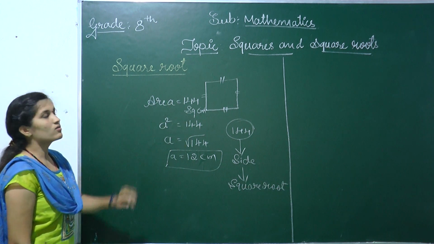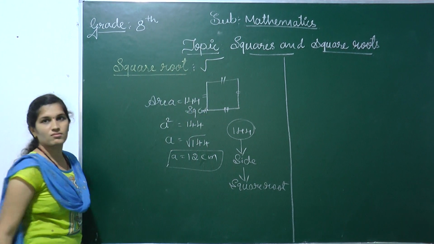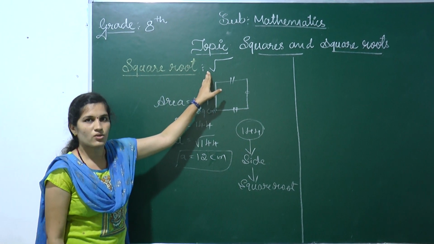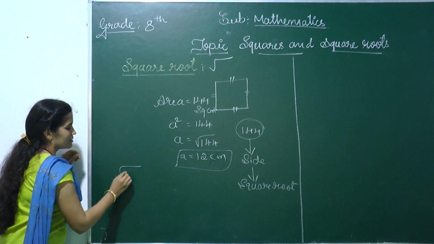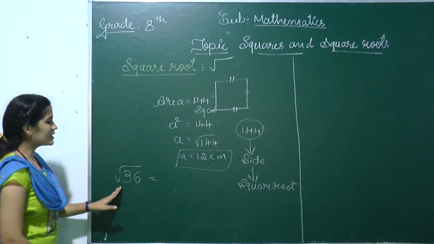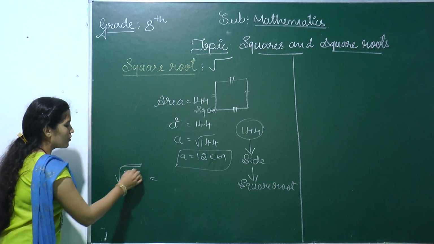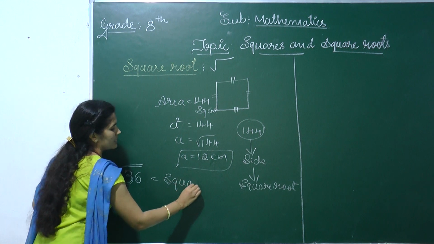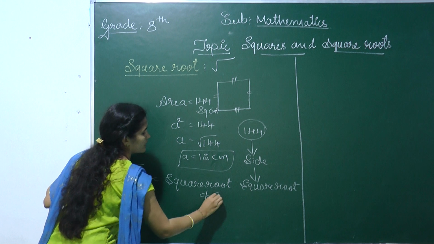This square root is represented by the symbol square root. If we write it like this, 36, we read it as the square root of 36.